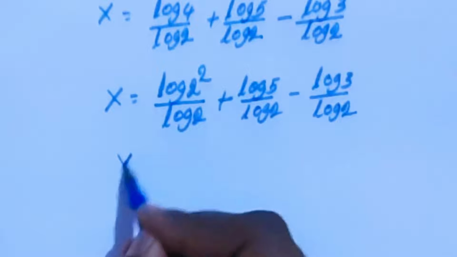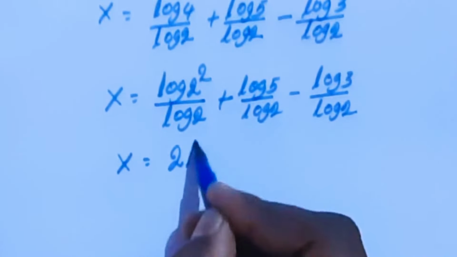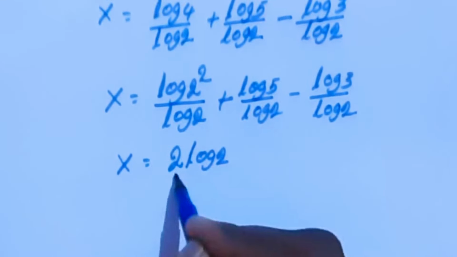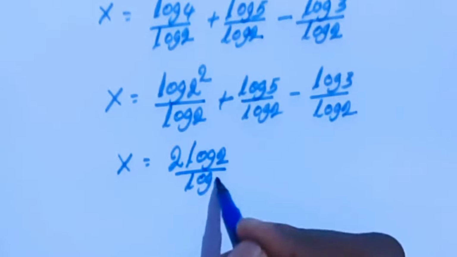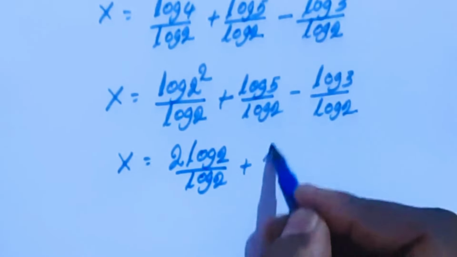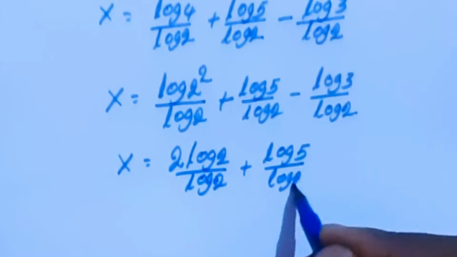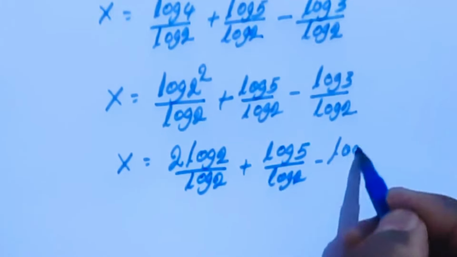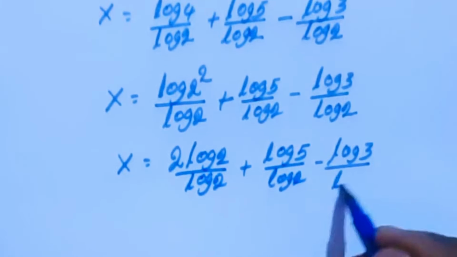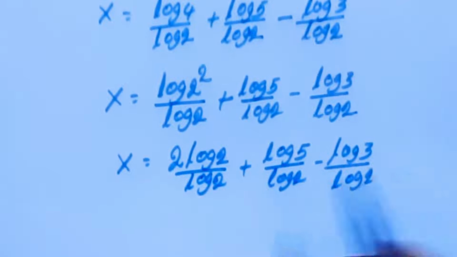So x equal to 2 log 2 by log 2 plus log 5 by log 2 minus log 3 by log 2. Now this log 2 cancels this log 2.